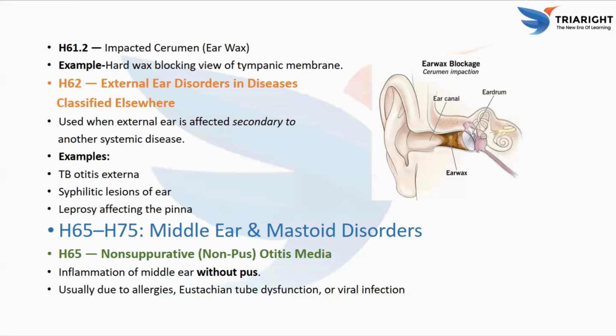There will be no pus, no acute bacterial infection, and it is often chronic or recurrent. You can feel fullness, ear popping, and mild discomfort within the ear. These are the symptoms of non-suppurative otitis media.